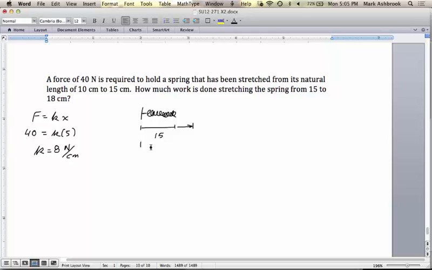Or you say you take 3 more to get it from 5. So we don't have to say how much work is 15 to 18. So that would be your answer.